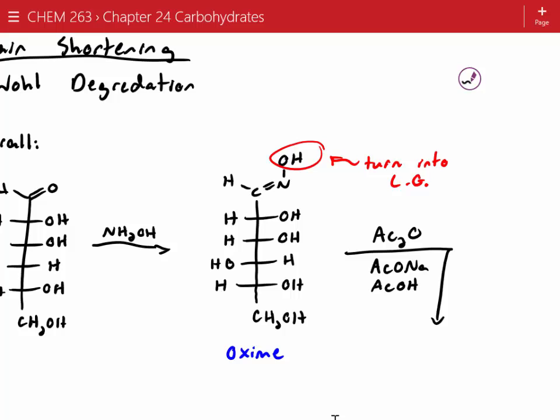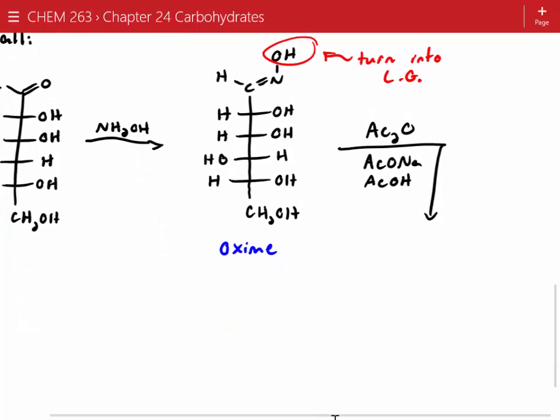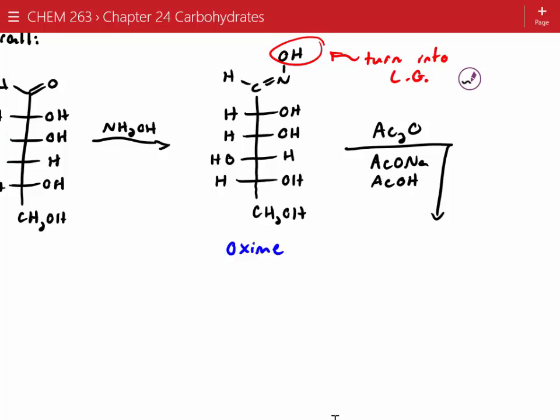So in this case, you do have some base around, an acetic acid buffer system. And when you do this, you can convert this to your cyanohydrin.